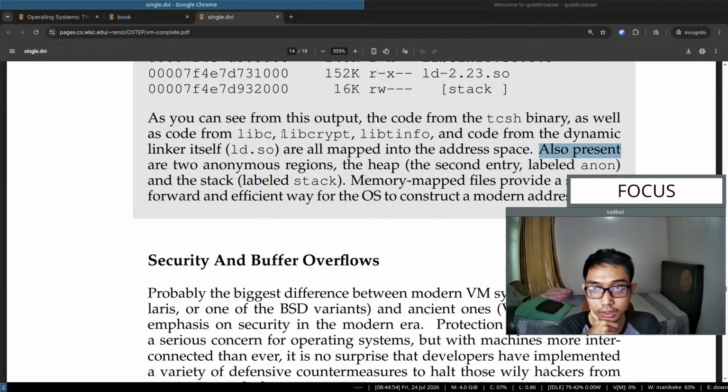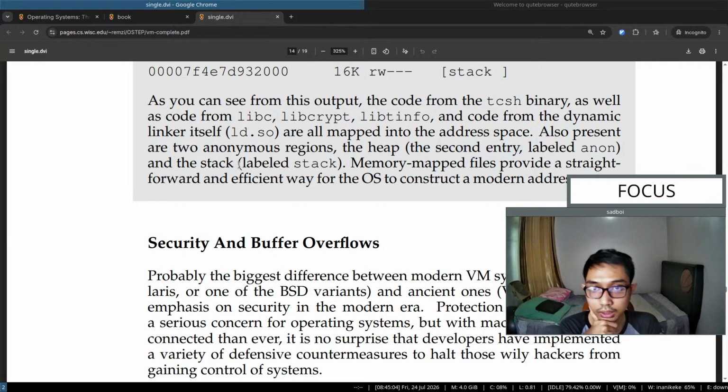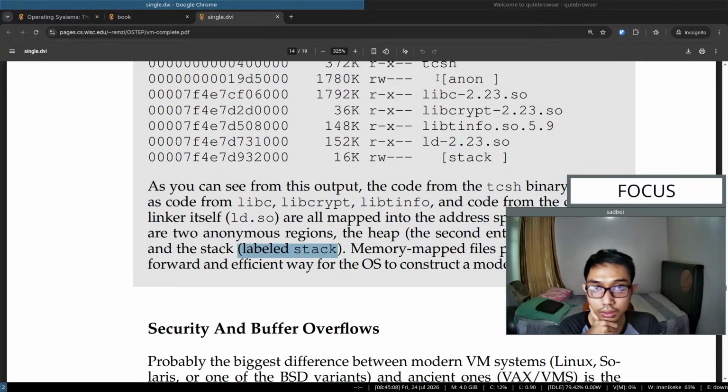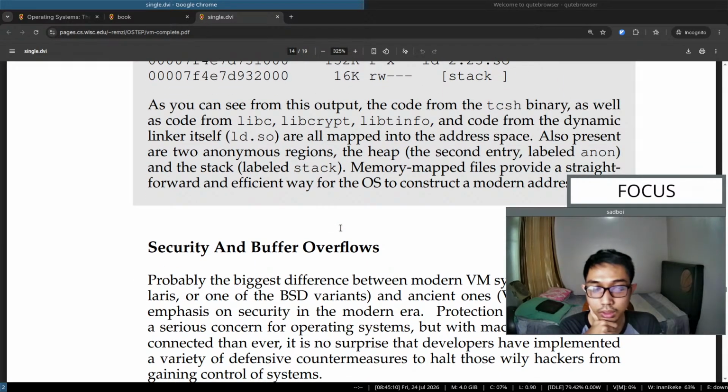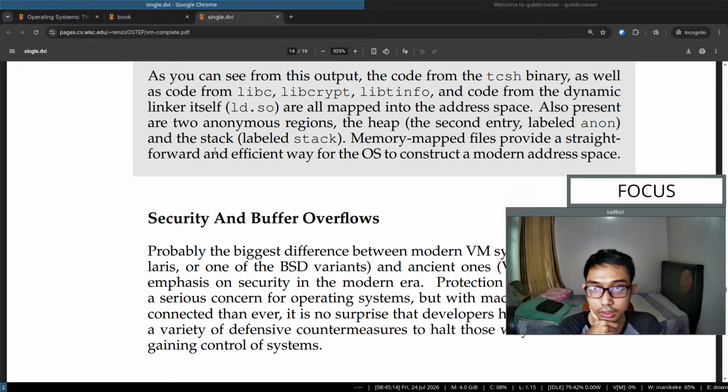Also present are 2 anonymous regions, the heap, the second entry, and the stack. Memory mapped files provide a straightforward and efficient way for the operating system to construct a modern address space.